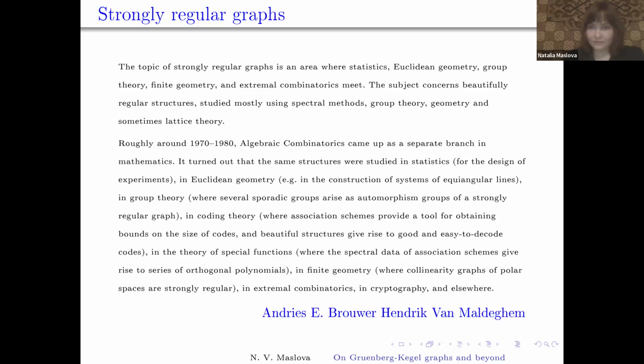And to find some construction of a strongly regular graph, like a Gruenberg-Kegel graph of some group, is a new development of the theory of strongly regular graphs in some sense.